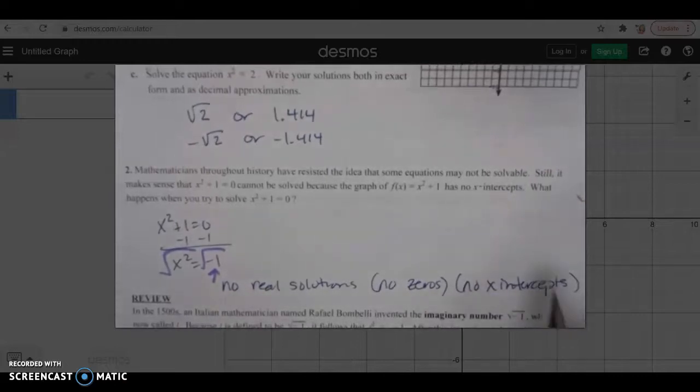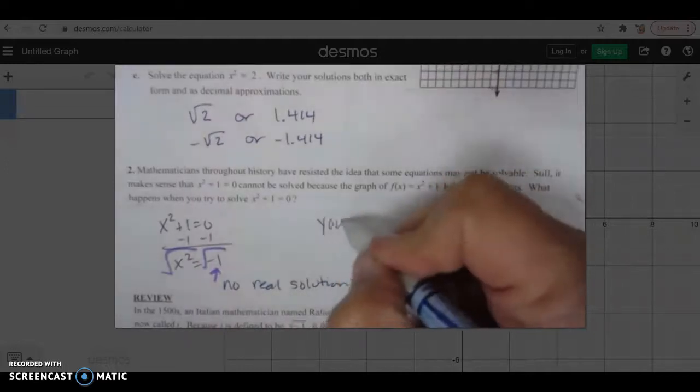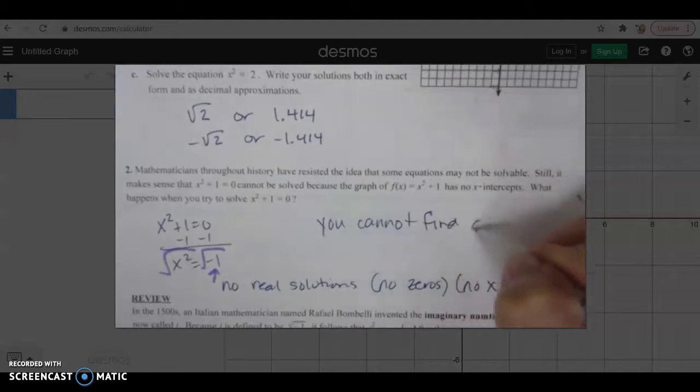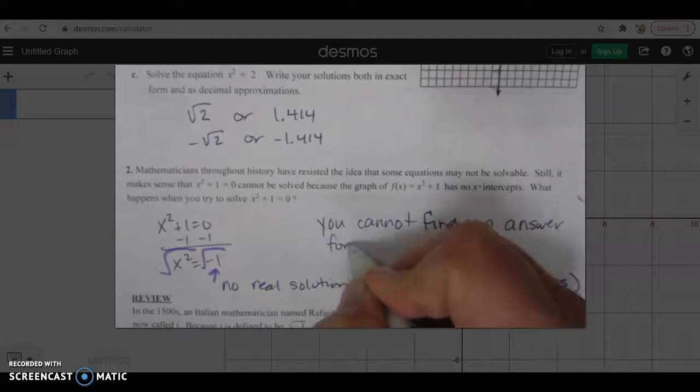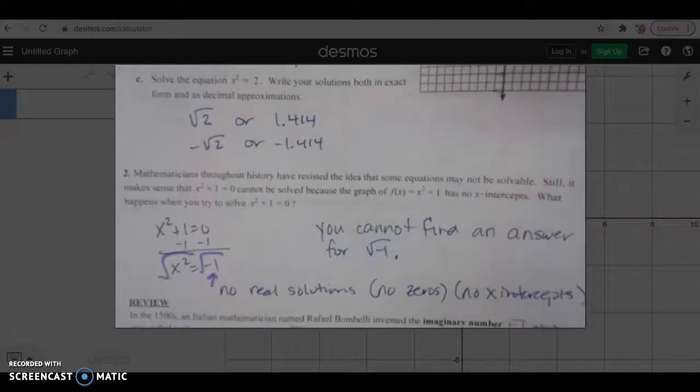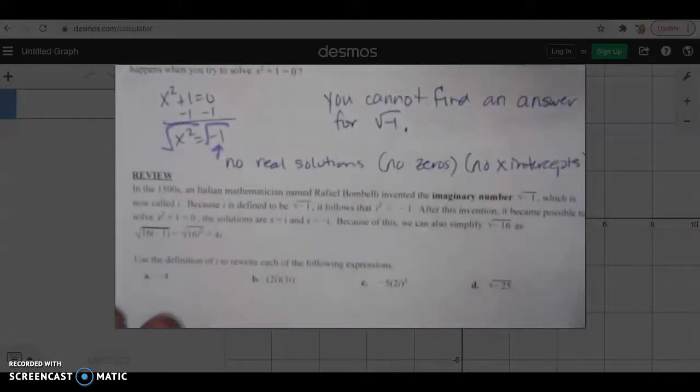Well, what happens when you try to solve it? You get stuck. You cannot find an answer for the square root of negative 1, right? That's what we get stuck at. We can't find an answer to the square root of negative 1.